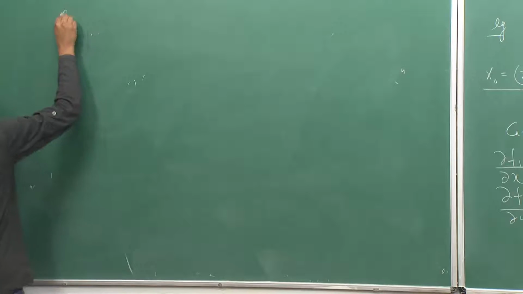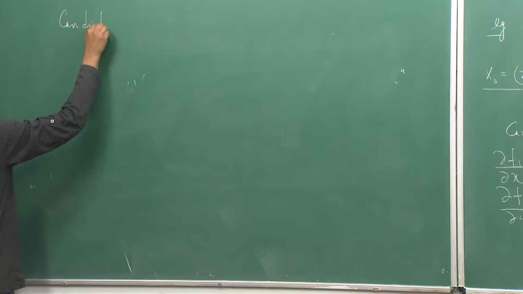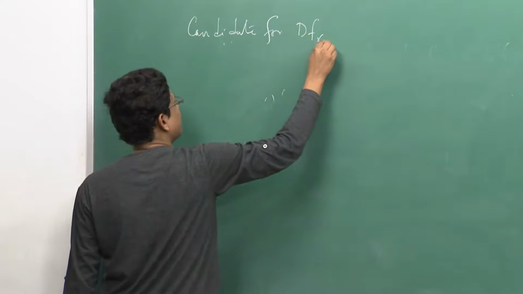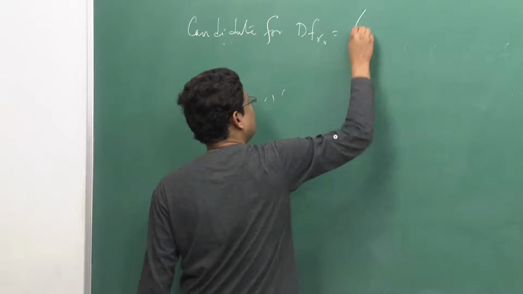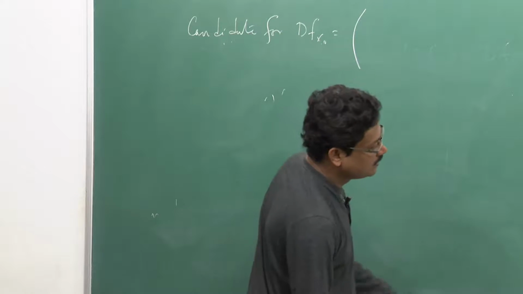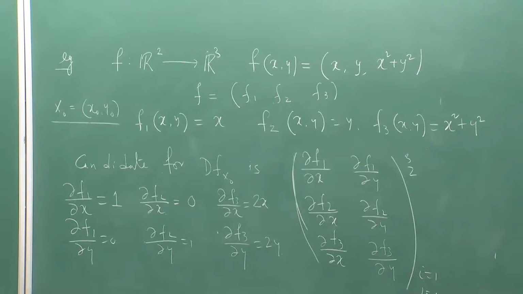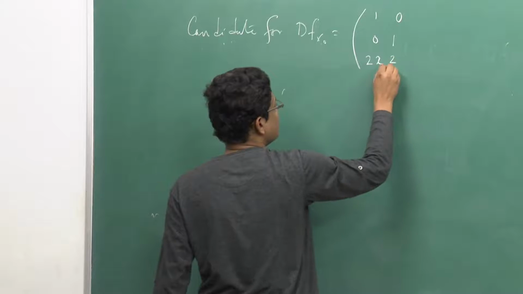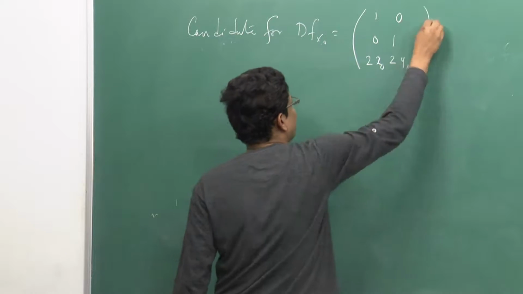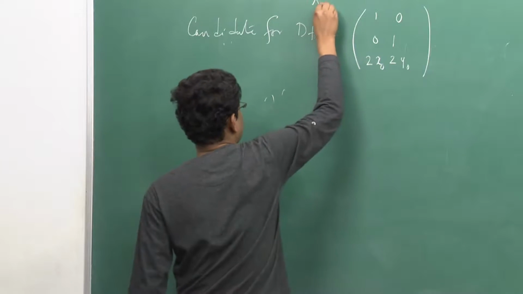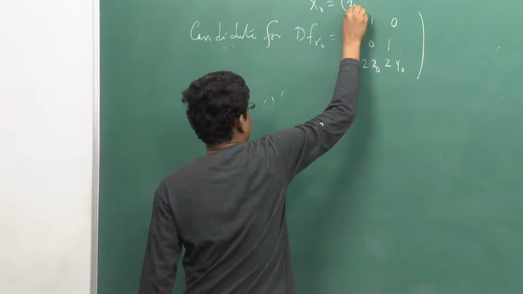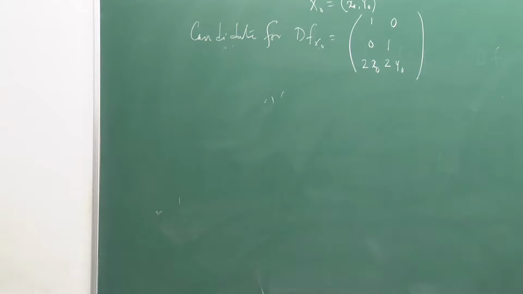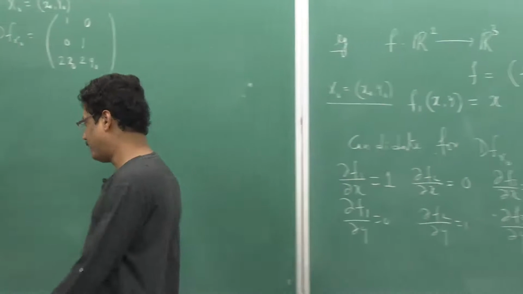So again, the candidate for df at x naught is the matrix with rows 1, 0; 0, 1; 2x naught, 2y naught. I have to evaluate it at (x naught, y naught). But this is only a candidate. Now I have to verify the definition.